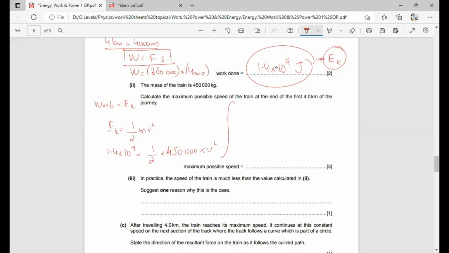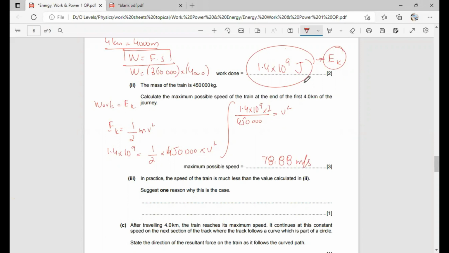So 1.4 exponential 9 multiplied by 2 divided by 450,000 is equal to v square. The speed is 78.88 meters per second.